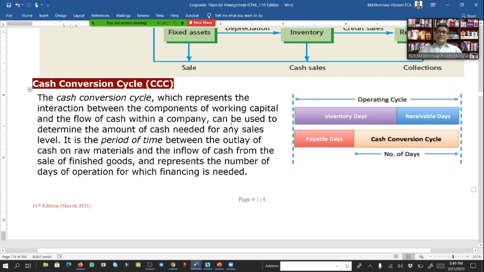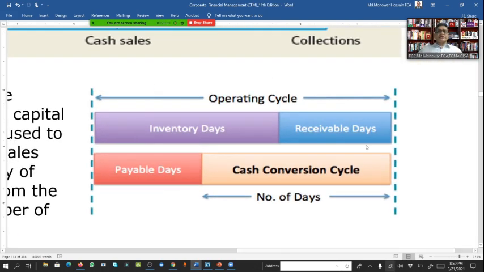Cash conversion cycle. The cash conversion cycle, which represents the interaction between the components of working capital and the flow of cash within a company, can be used to determine the amount of cash needed for any sales level. Here, look at the operating cycle; this full cycle is the operating cycle. Here are inventory days, receivable days, payable days, and the cash conversion cycle.